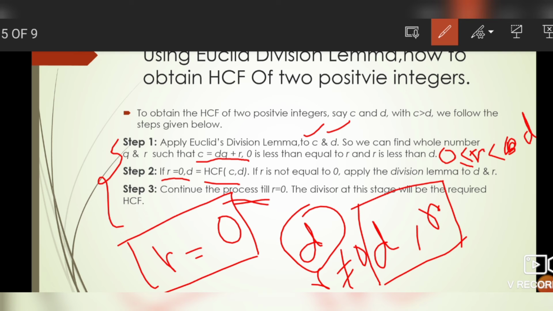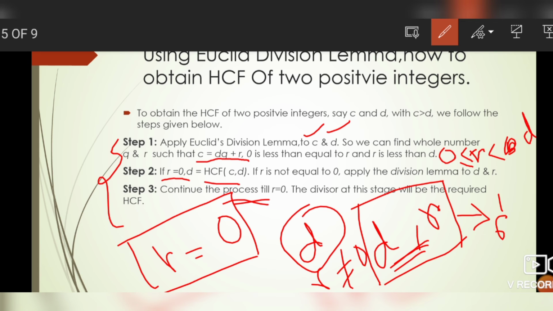That means the smaller of the given numbers and the remainder. After this we will find a new remainder. Suppose the new remainder is r prime. If that remainder is equal to 0, then the smaller among these two will be our HCF.